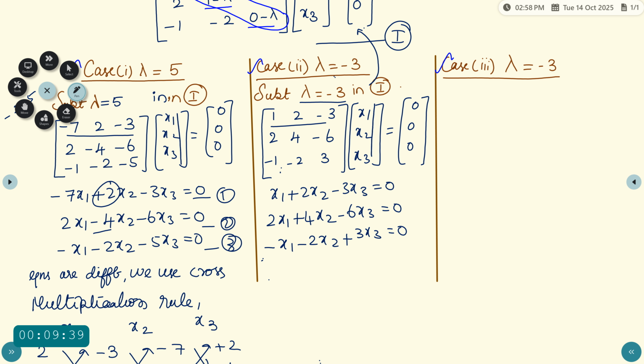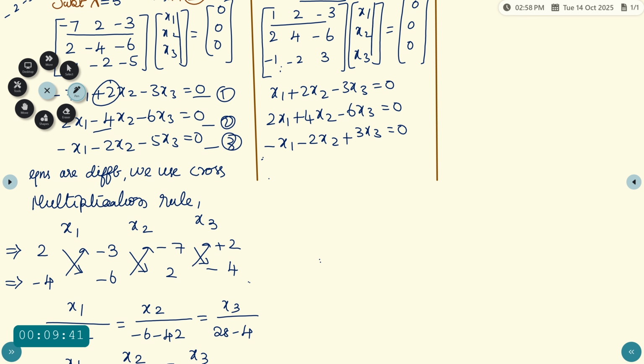Now see the equations. If the equations are different, we use the cross multiplication rule. But here the equations are same, so you can take any one of the equations. Taking the first equation, put x1 equal to 0 and find the other two values.